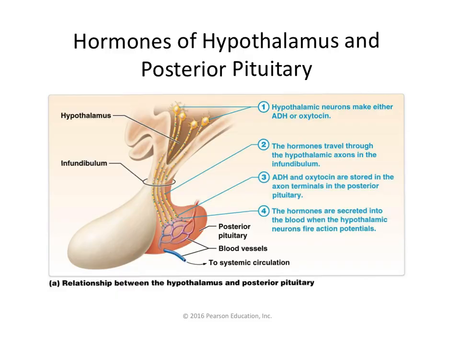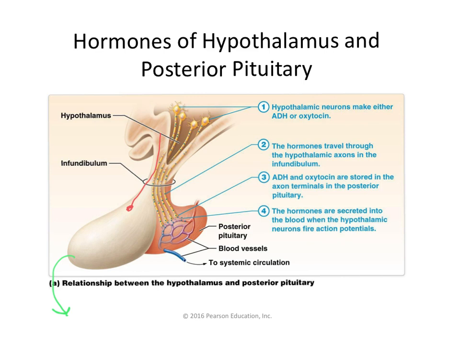We're almost done. We're going to look at the hormones of the hypothalamus and the posterior pituitary. So the hypothalamus would send hormones to the anterior pituitary, and then your anterior pituitary would release a different set of hormones. So that's just kind of a conversation piece there, right? It's like sending a note.